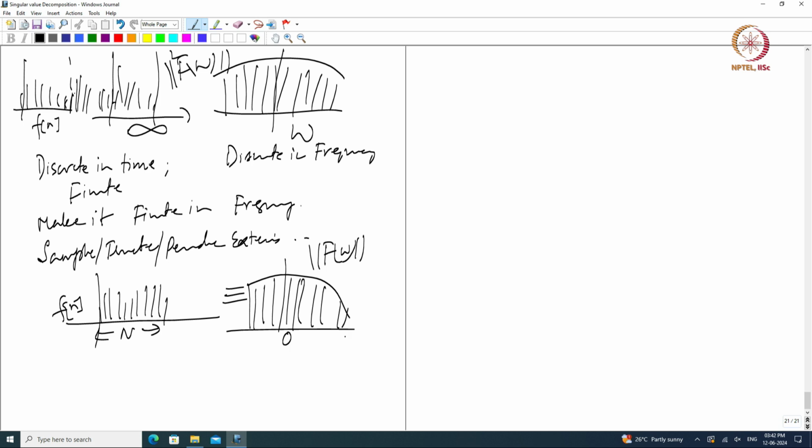This will be 0 to n minus 1 since we look at 2. So, each width is 2 pi, which is 180 degrees, 2 pi by n. This is the resolution of frequencies. Now, we are in business.